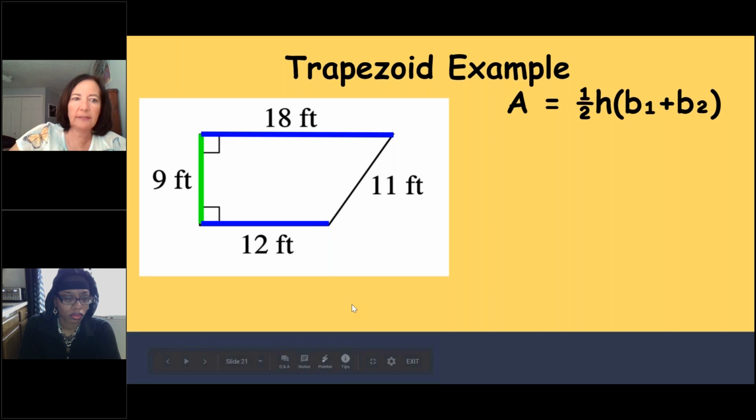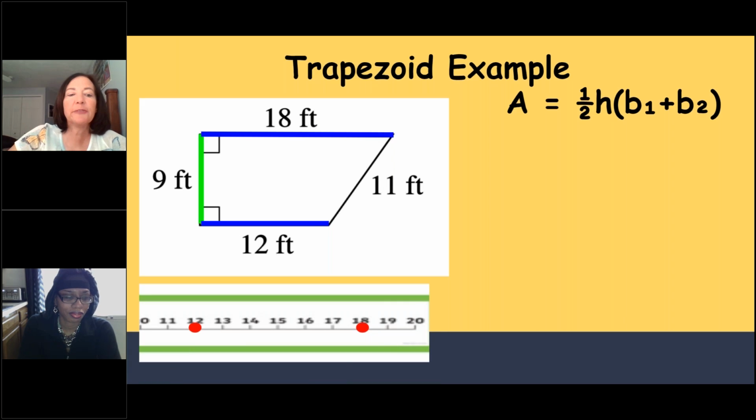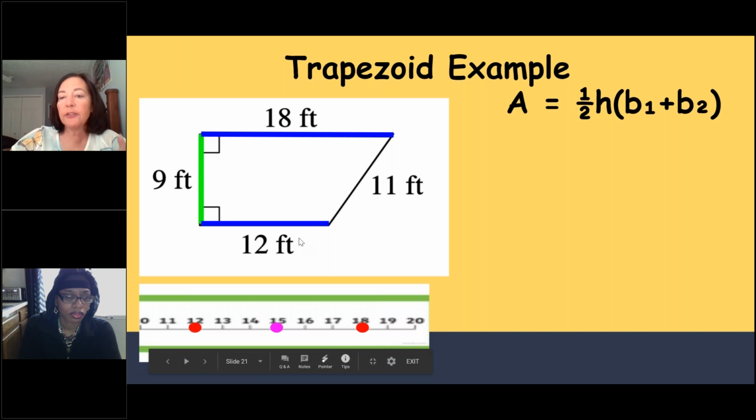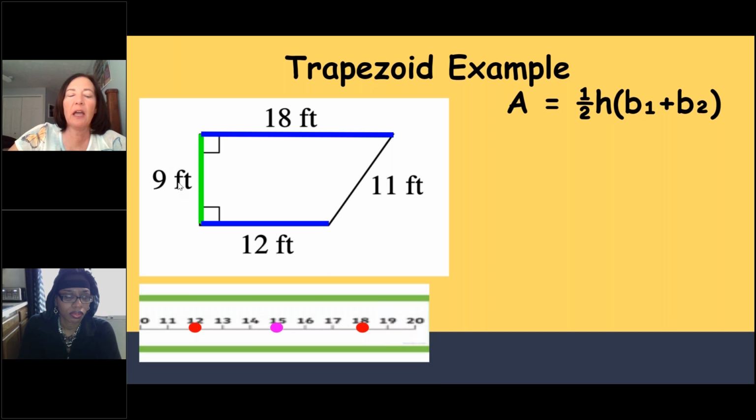I think this is the one where I had the number line. Do I have my number line? There it is. 15 is the halfway point between 12 and 18, and that's the value we could use for the base. And then the height value would be 9. Most of my students usually say, I would really rather just use the formula. That's fine.